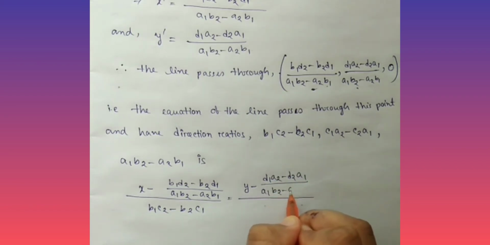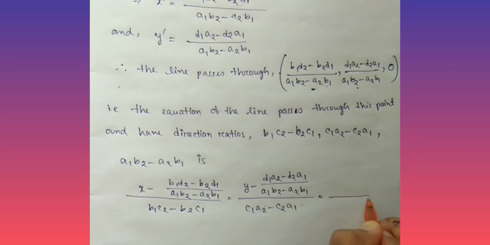Since we get the point through which the line passes and the direction ratios of the line, we get the equation of the line in symmetric form.